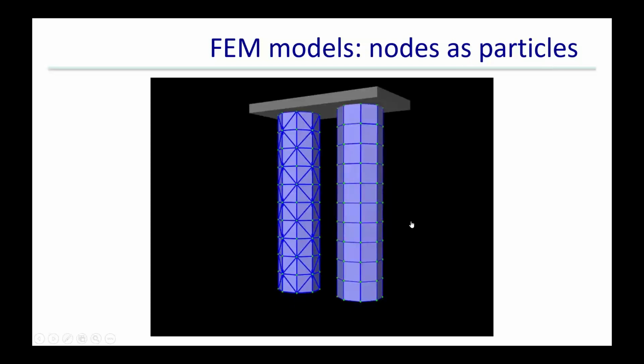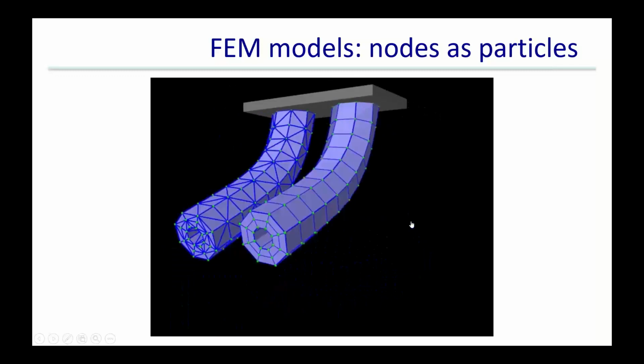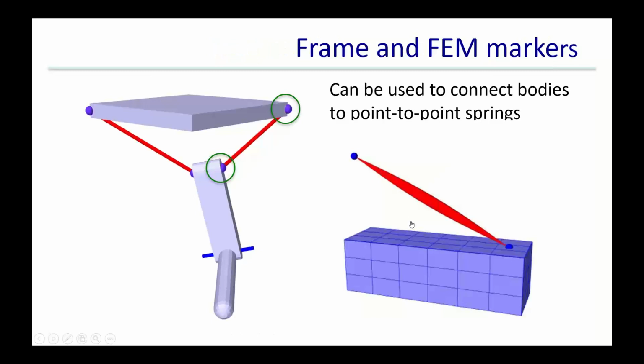For finite element models, the nodes of each FEM are represented essentially as particles, and then the elements themselves become the equivalent of 3-dimensional springs. We have markers. These are points that can be attached to either a rigid body or to the elements of an FEM, and that's useful for connecting point-to-point muscles and other things.